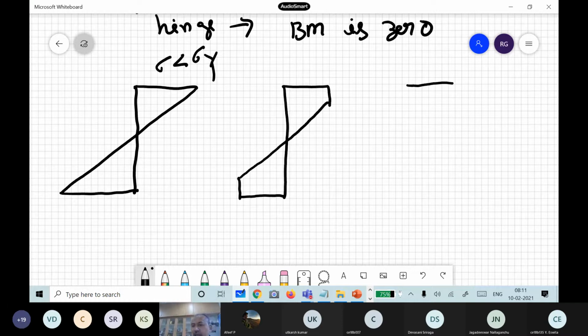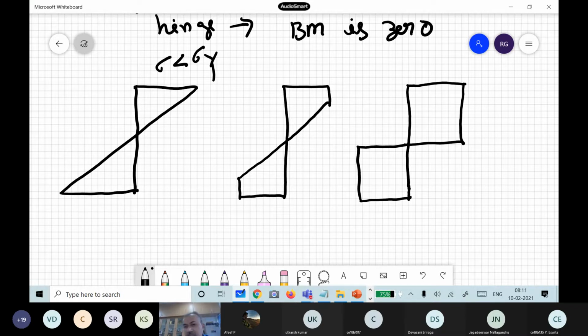Then finally, everything gets plastified. So these are the several stages, where sigma is greater than sigma_y, or M is greater than M_y. And when this happens everywhere, the plastic hinge gets formed here itself.